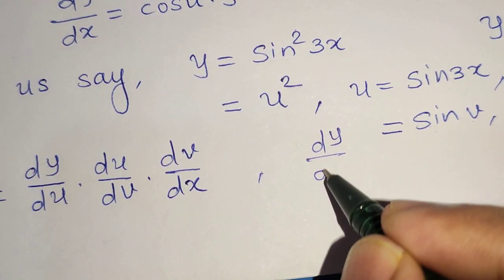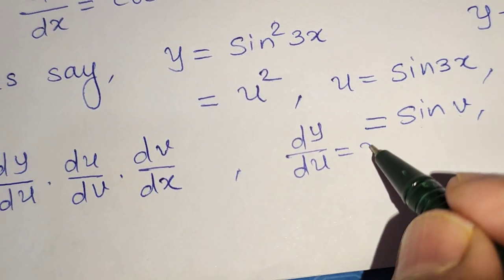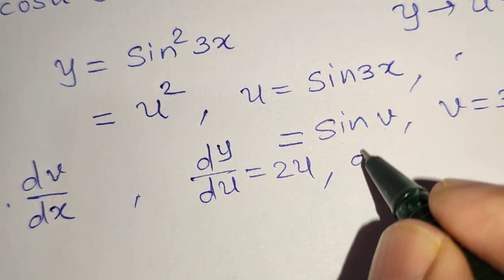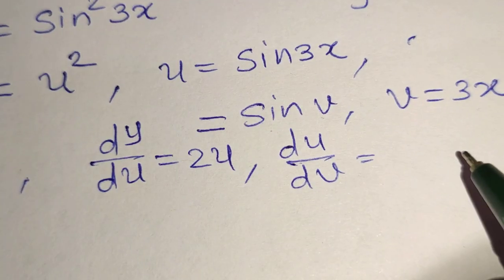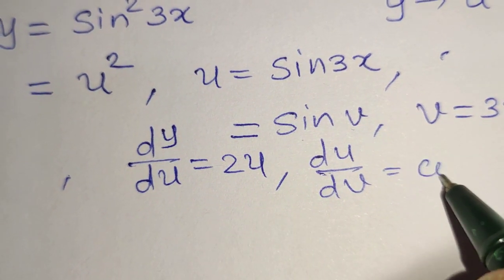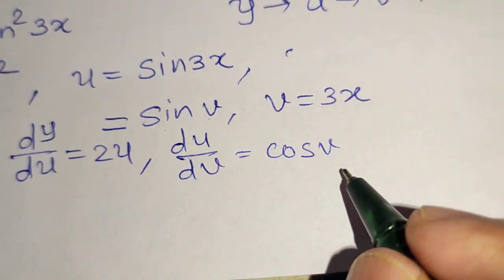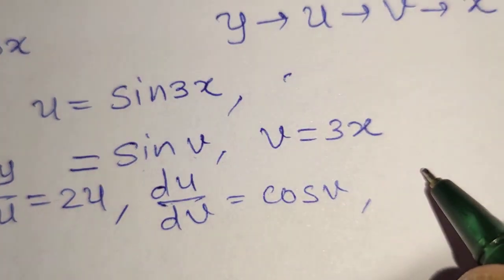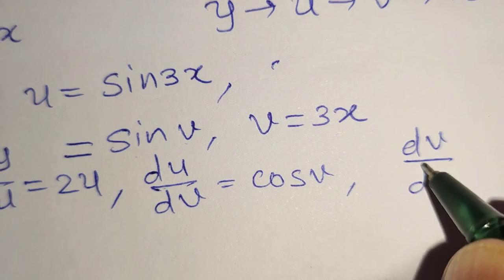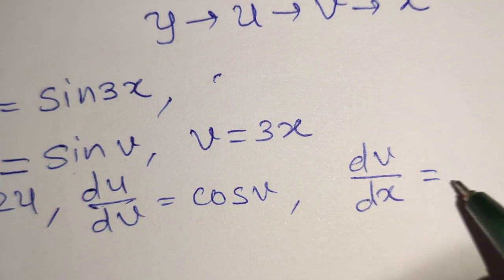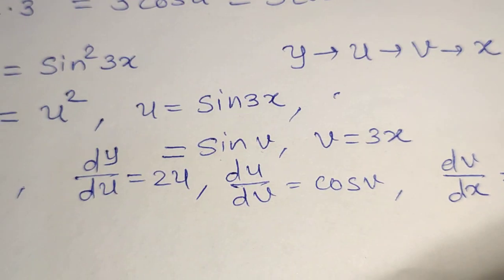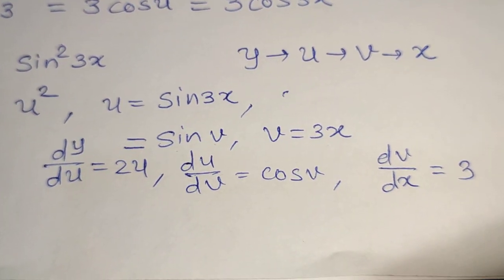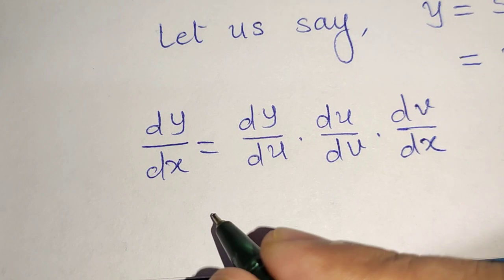Dy by du is 2u, since it is u square. Du by dv, since it is sine v, is cos v. And v is equal to 3x, so dv by dx is 3. So 2u, cos v and 3.